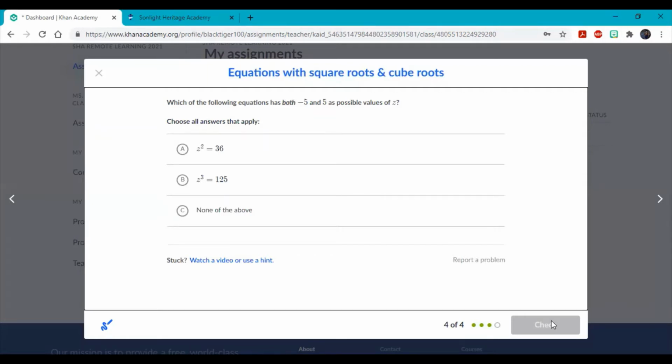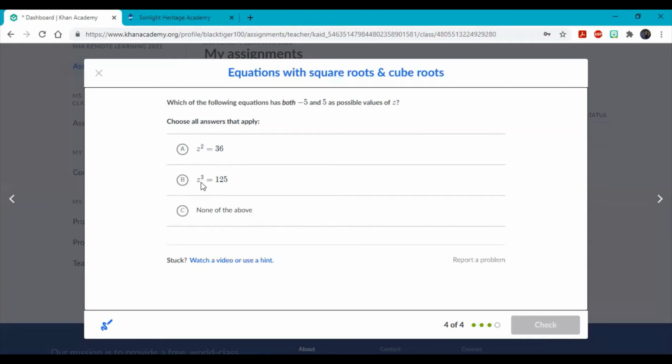Well, let's see here. If we square a negative number, we will get a positive answer. We know that. So let's see what negative 5 times negative 5 is. Negative 5 times negative 5 is positive 25, and that option isn't there. The z squared then would not be 36, but 25. So A would not be a possible answer.